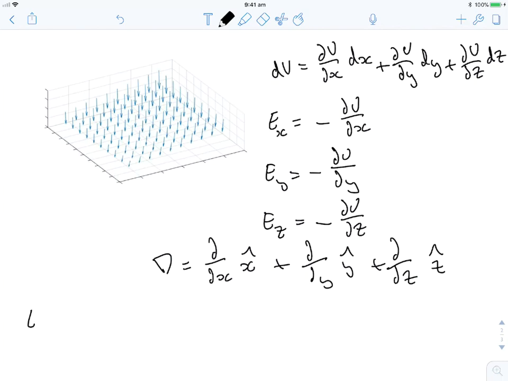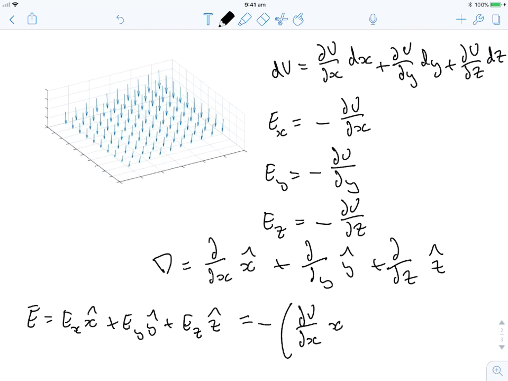So we had our electric field for the Cartesian coordinates equal to Ex x hat plus Ey y hat plus Ez z hat. That then is just equal to minus the gradient of our potential. So we have minus dV over dx x hat plus dV over dy y hat plus dV over dz z hat.